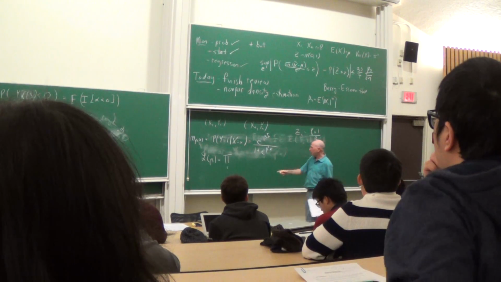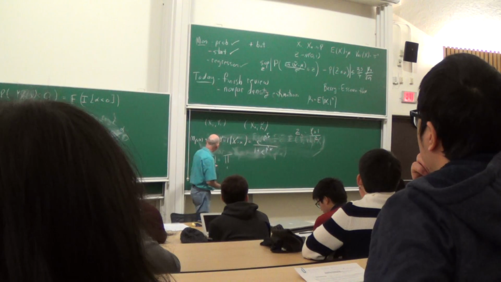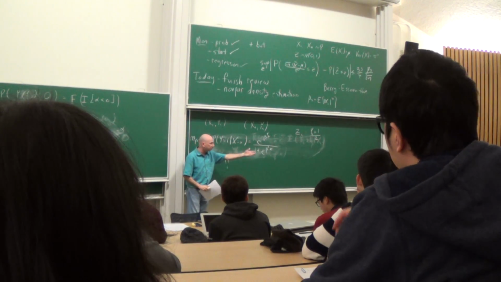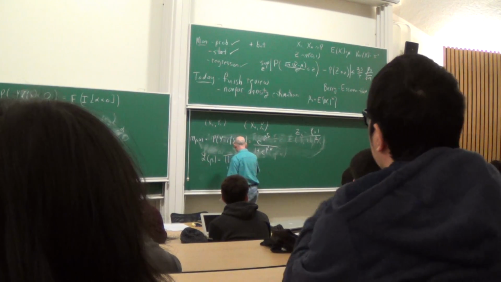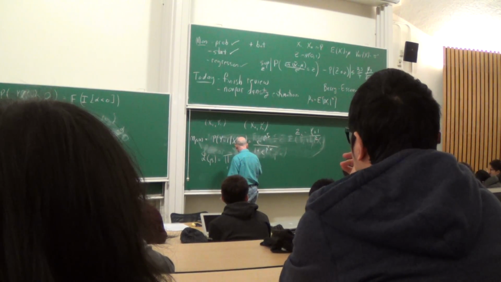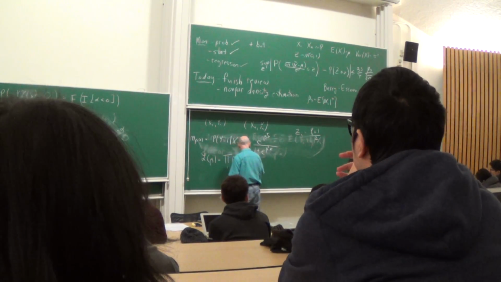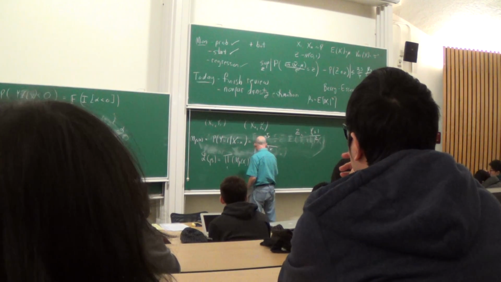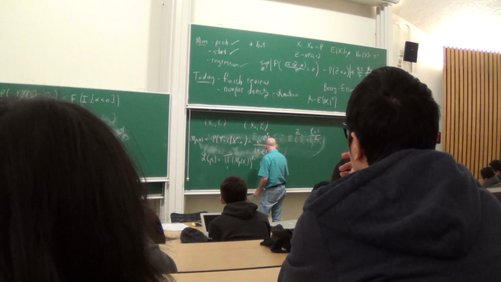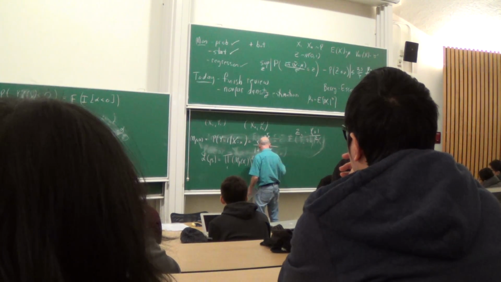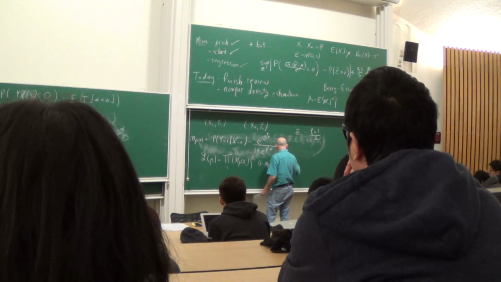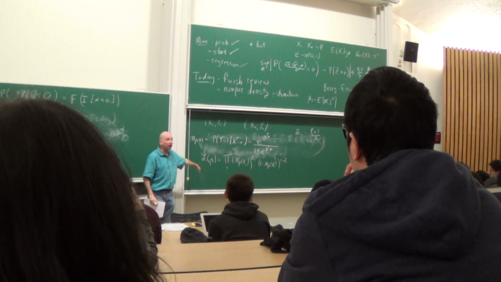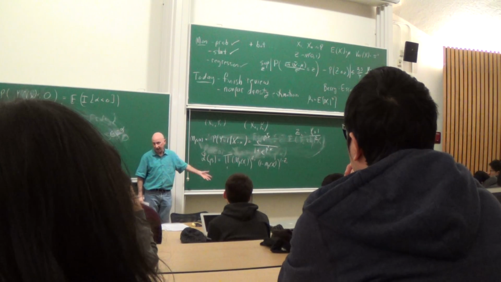And so now I can just write the Bernoulli likelihood as the probability of success to the z and the probability of failure to the 1 minus z. So the probability of success is m, and the probability of failure is 1 minus m. That is a nice concave function. Actually, if you take the logarithm of that, the log likelihood is concave.